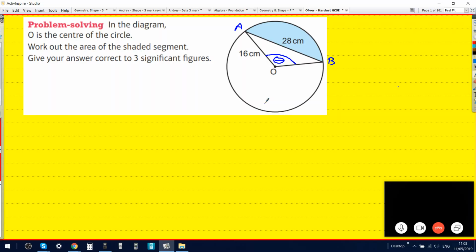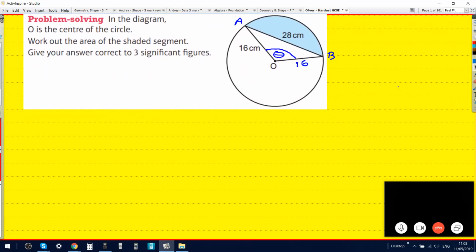Not completely sure. What would be the length of O to B? Oh, that's 16 as well. Okay, yeah. So you have all three lengths.